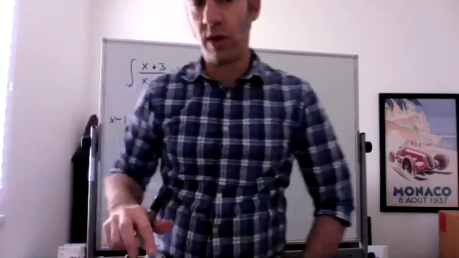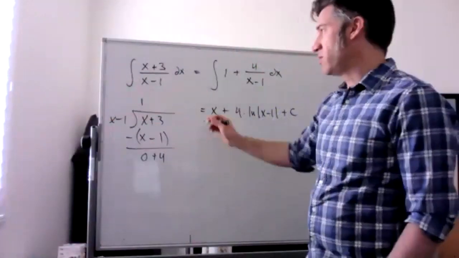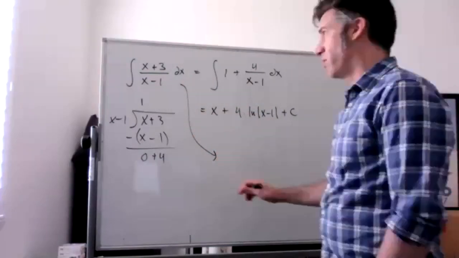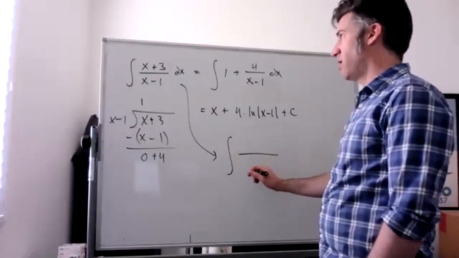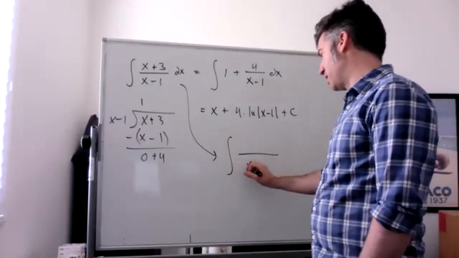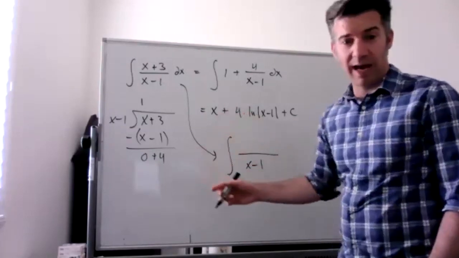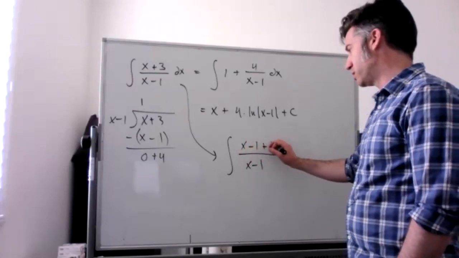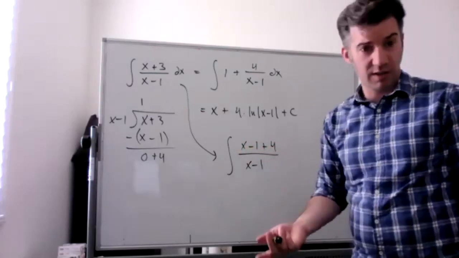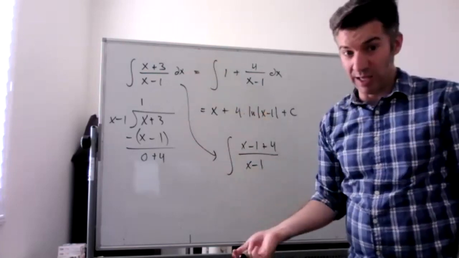Sometimes when the degree on top and the degree on the bottom are the same, people do this kind of tricky thing where they're like, well, I can just do this. I can make the top, instead of being x plus 3, I can say the top is x minus 1 plus 4. Still the same as it was before, I just wrote it differently.